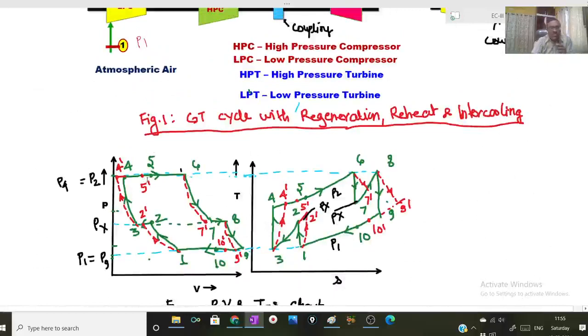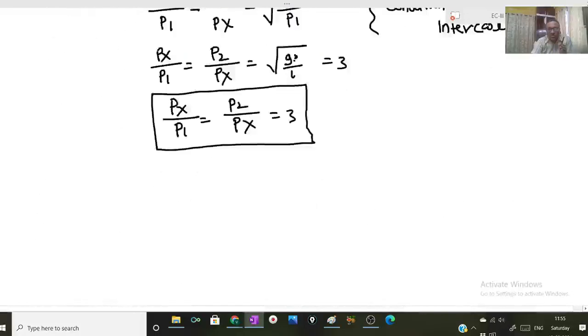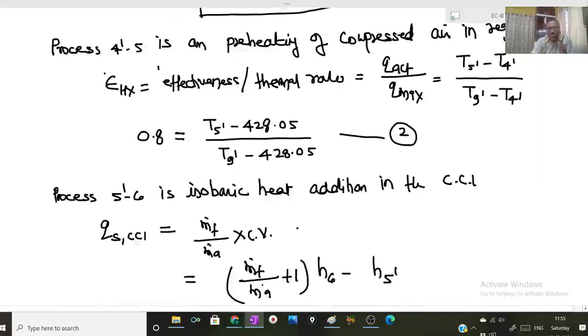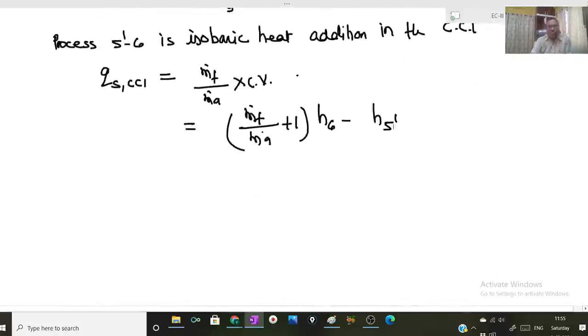So heat supplied during the process, how can I calculate? By heat generated by burning the fuel, having fuel air ratio m dot f over m dot a and calorific value Cv, and this entire heat will be utilized to increase the enthalpy of the gases from H5 dash to H6. H6 is the enthalpy of gas, H5 dash is the enthalpy of air. Okay. So these two formulae I have.